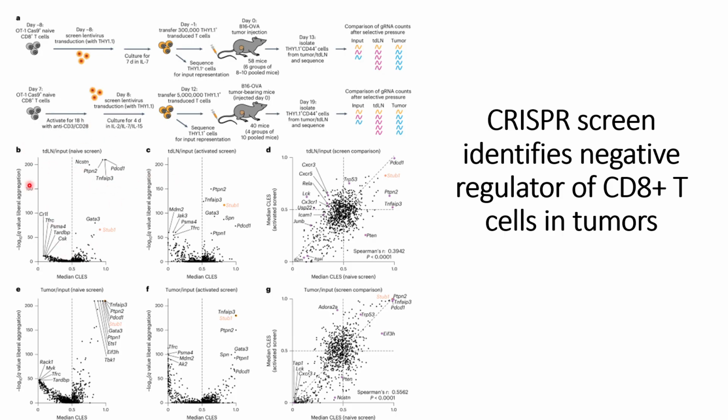Panel B, in the first row, is for the naive T cells, and in the second row, for the activated T cells, they are able to see a similar set of genes that are depleted for the CD8 plus T cells. It is STUB1, GATA3, SPN.